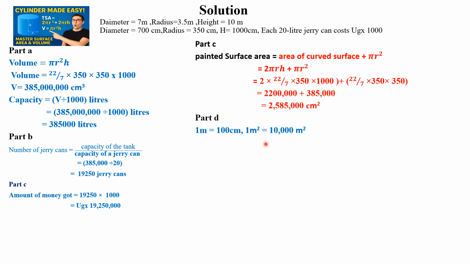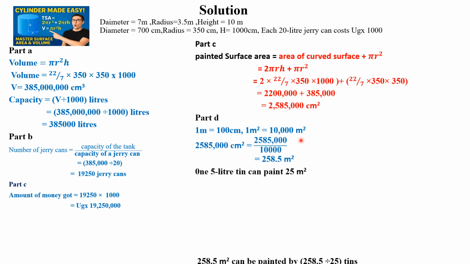You are going to first change this centimeter squared to square meters, because they are saying that every one tin can paint 25 square meters. So it would be of great importance to first change your surface area from centimeters squared to square meters.